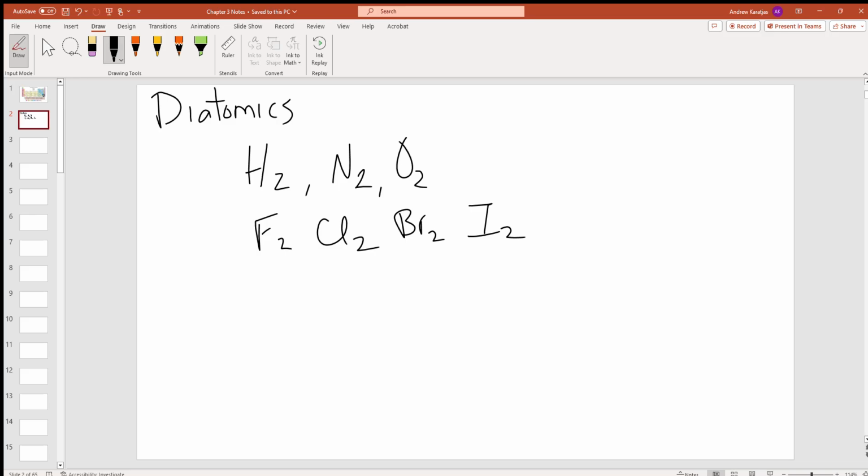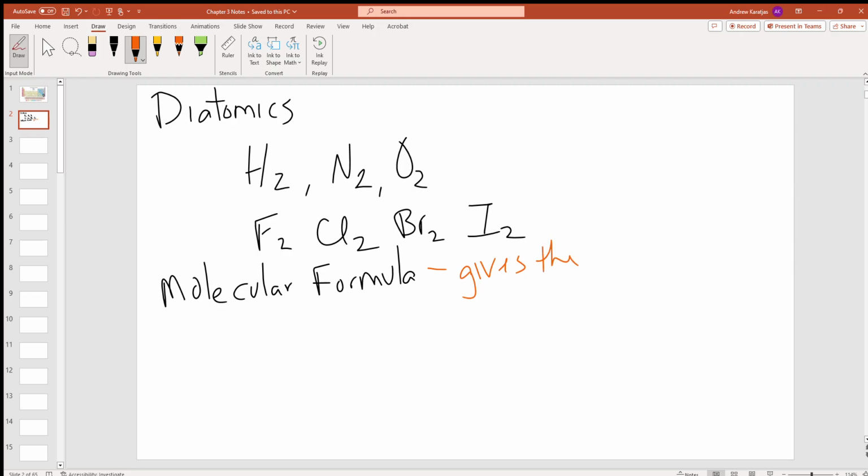Now, what we've drawn here or written here are examples of what we would call a molecular formula. A molecular formula gives the number of each element in a given compound.